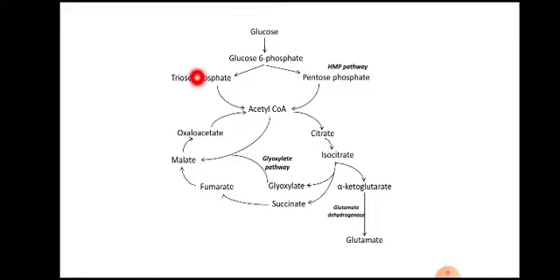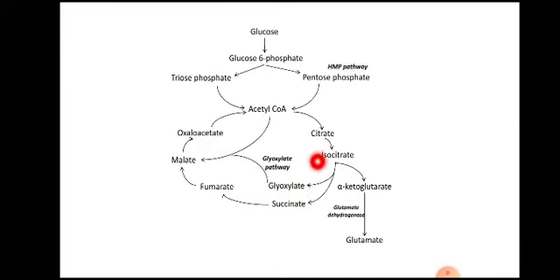All these pathways that break down glucose lead to the formation of acetyl CoA. Then this acetyl CoA enters the next cycle, called the TCA cycle. There is formation of citrate, isocitrate, succinate, fumarate, malate, and oxaloacetate. This is the citric acid cycle.